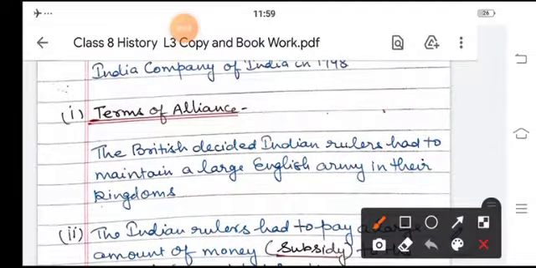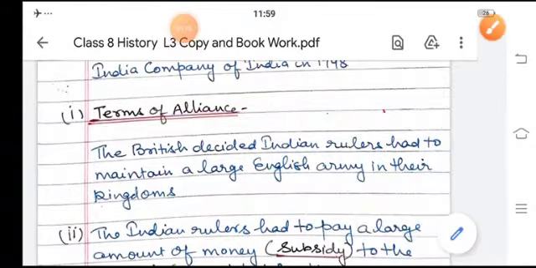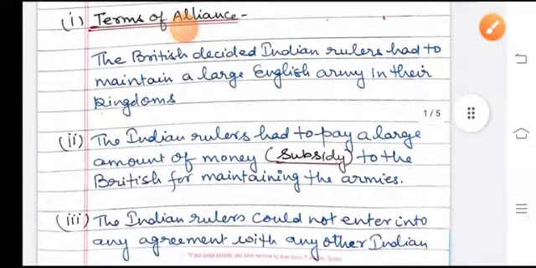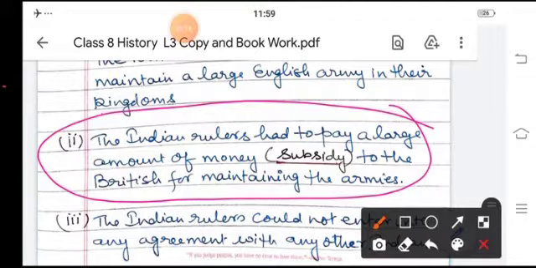The terms of the alliance were: First, the British decided that Indian rulers had to maintain a large English army in their kingdoms. Second, the Indian rulers had to pay a large amount of money, a subsidy, to the British for maintaining the armies.